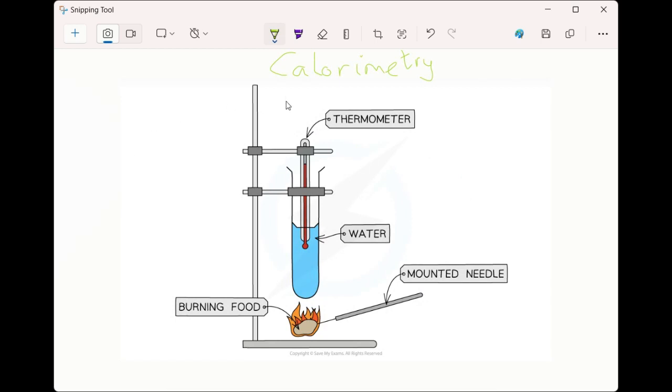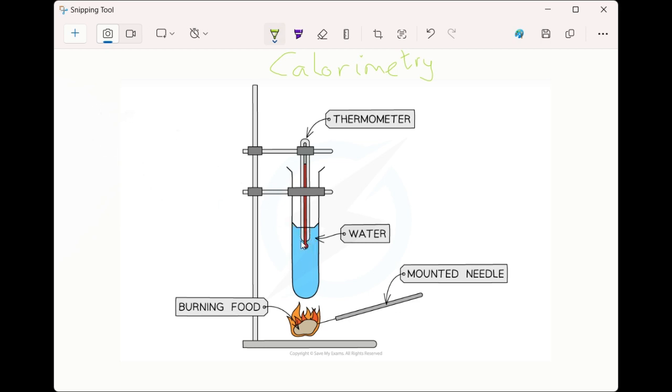The last part of this topic is calorimetry. We're trying to find out how much energy a piece of food has. We begin by measuring the temperature of the water, and then we have to burn the food until it's completely burnt out. We try to find out how much the water's temperature changed by.